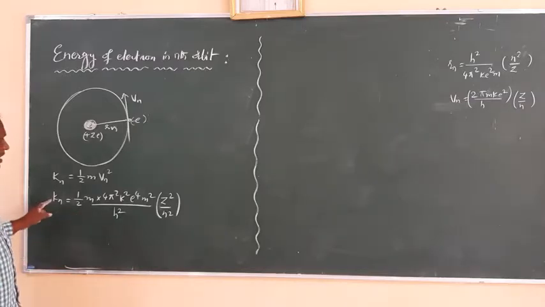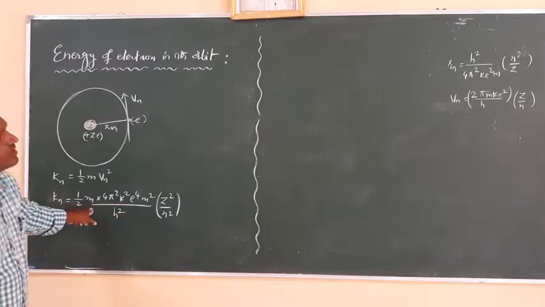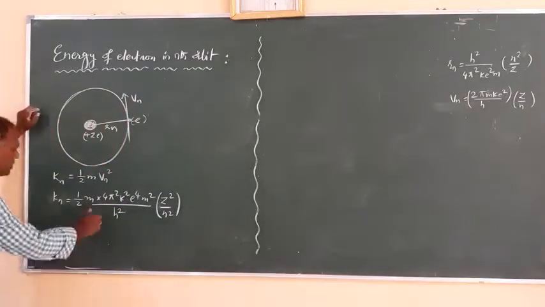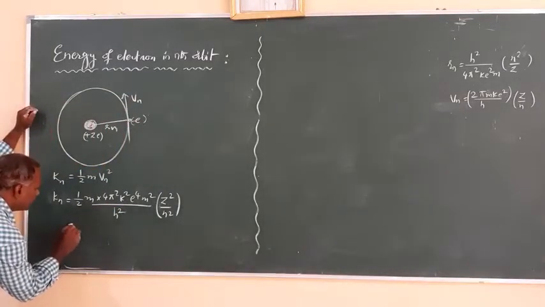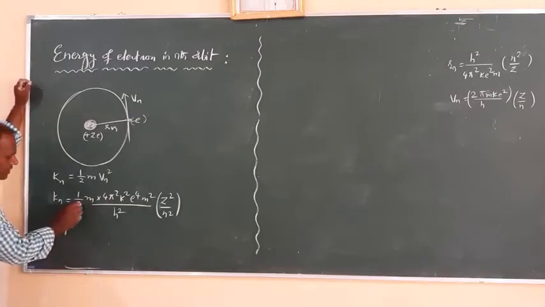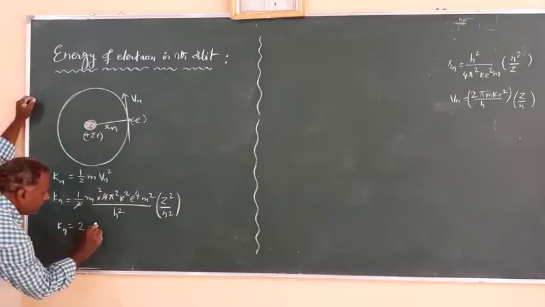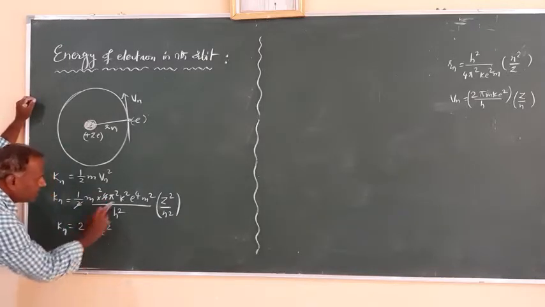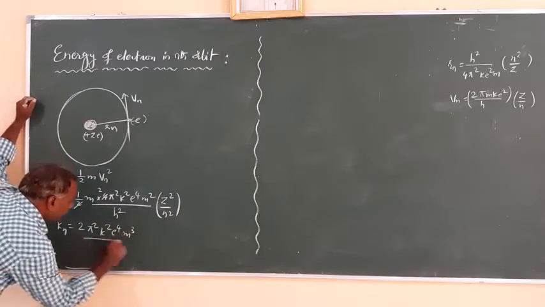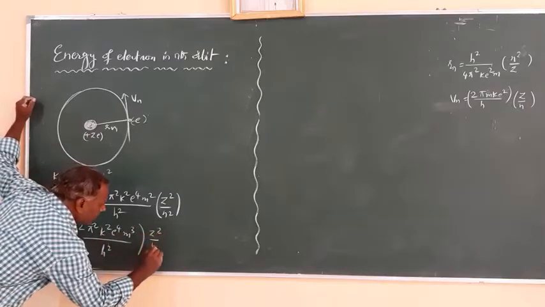Now for the kinetic energy, we simplify it. Kn is equal to, the 2 is cancelled, so I can write here 2 pi square k square e power 4 m cube by h square into Z square by n square.